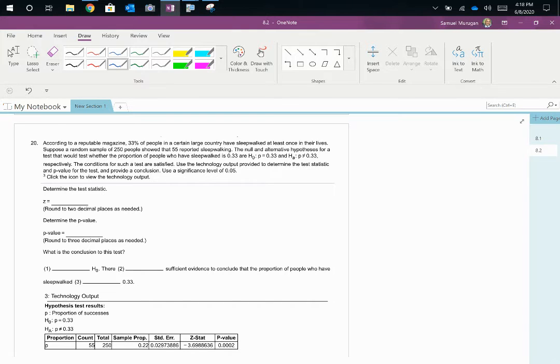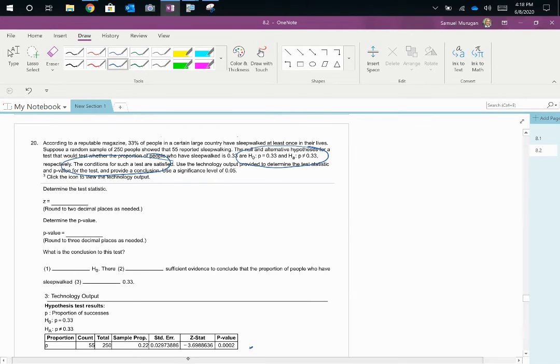The null and alternative hypotheses are for a test of whether the proportion of people who have sleepwalked is 0.33. So here we're given the null hypothesis and the alternative hypothesis. The conditions for such a test are satisfied. Use the technology output to determine the test statistic and p-value.